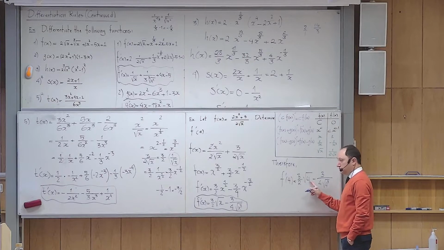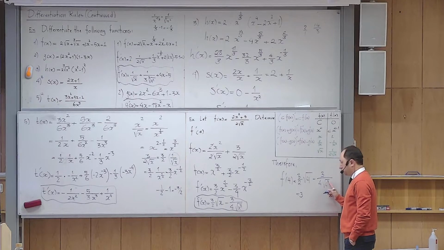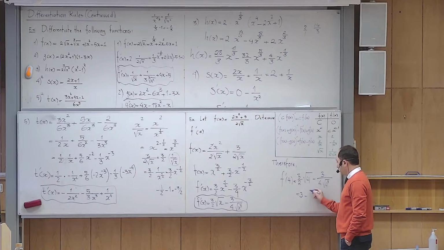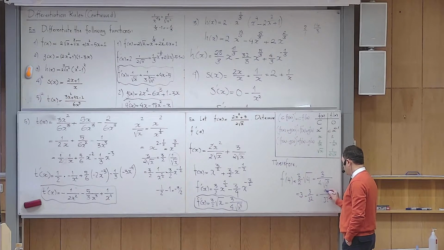Square root of 4 is 2. 2 and 2 are cancelled, so 3 is left. 4 to power 3 is 64. Square root of 64 is 8. 8 times 4 is 32. So it is minus 3 over 32. And then if you take the common denominator, this becomes 96 minus that, which is 93.